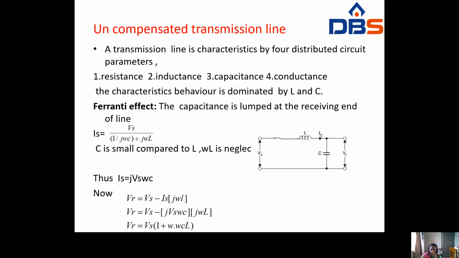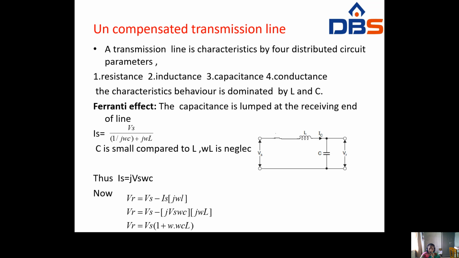The current is equal to V by the reactance, which is 1 by j omega C plus j omega L. Here the capacitance is small compared to inductance, so omega L will be negligible. So Is equals j into Vs into omega C.